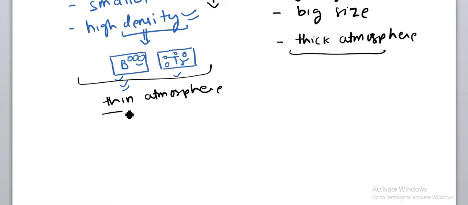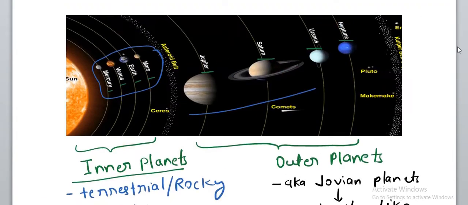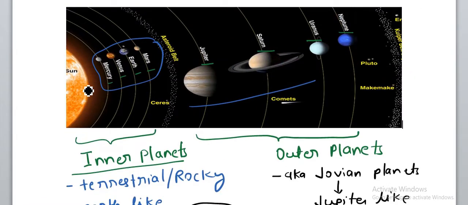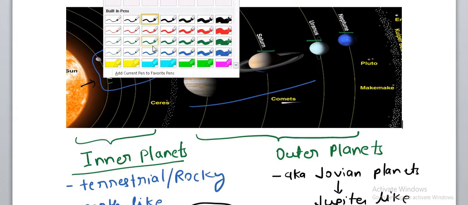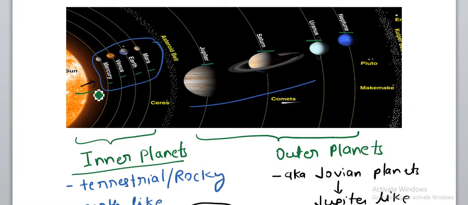The reason is that these inner planets are very near to the sun, and the sun releases something called solar wind. And what is solar wind?